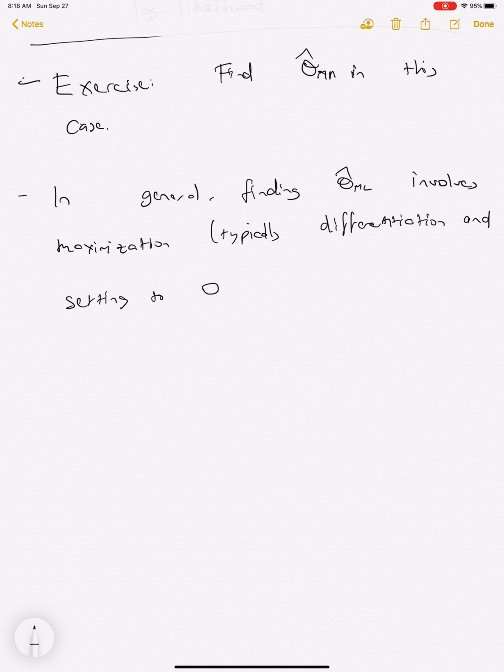But in most cases, you'll find that differentiation and setting to 0 gives you the maximizer, or it lies at an endpoint of the function. Okay.